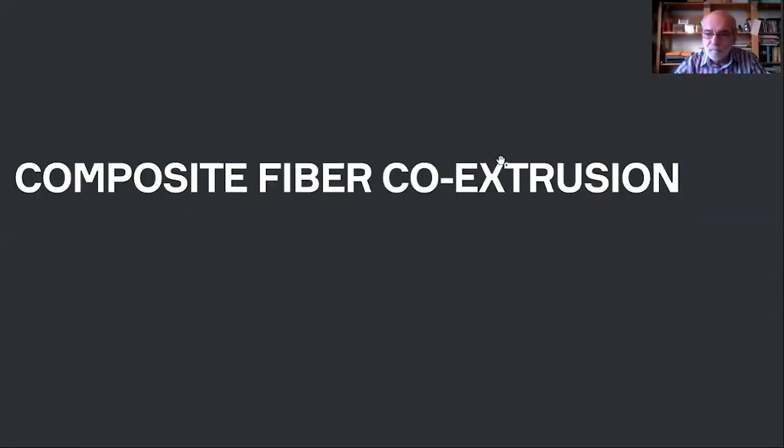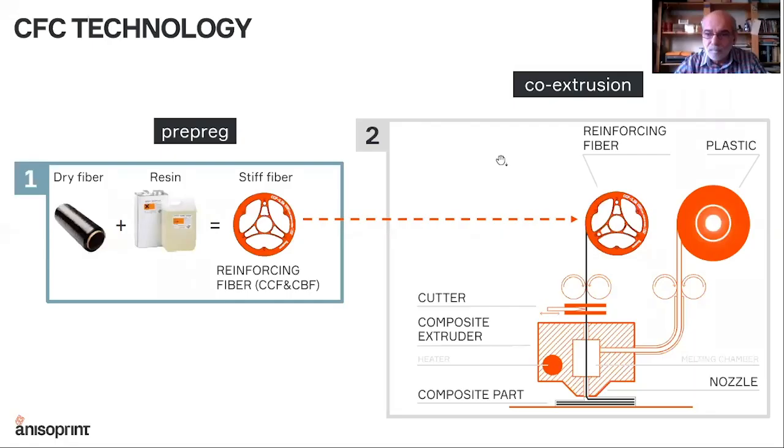Another way of combining both is what we call composite fiber co-extrusion. How does it work? You first pre-impregnate the fiber with a polymer material to ensure good impregnation, high fiber volume content, good material quality. And then in the printing process, you use this material in a co-extrusion way.